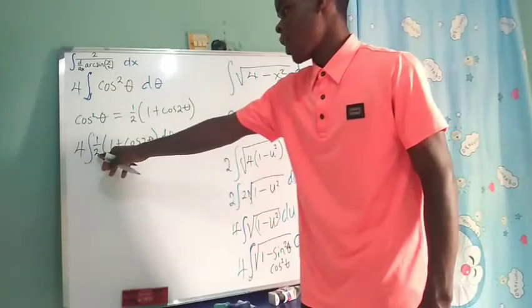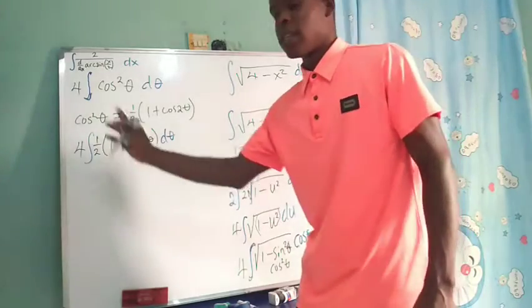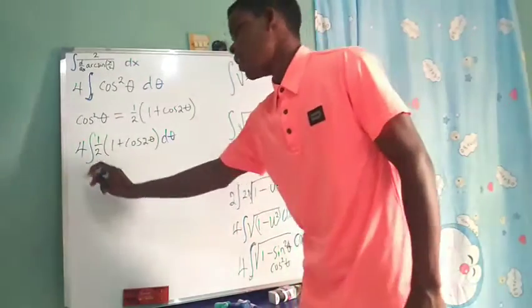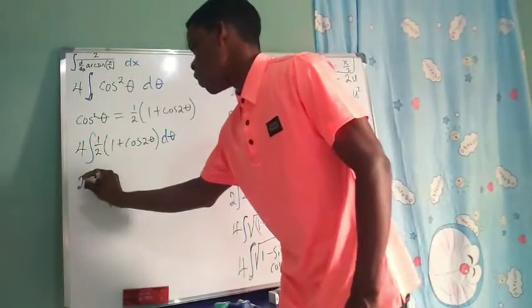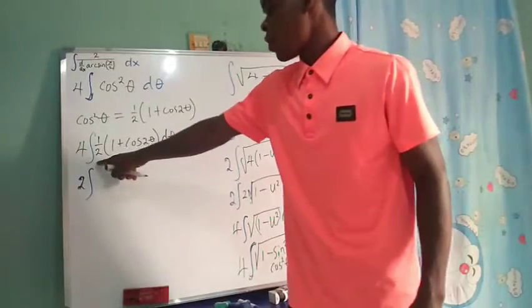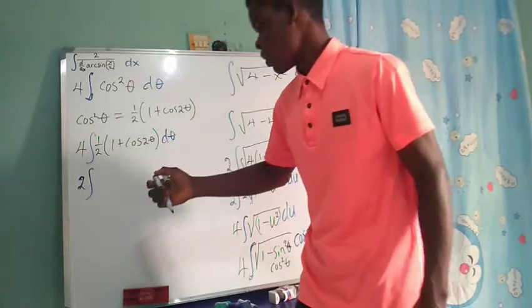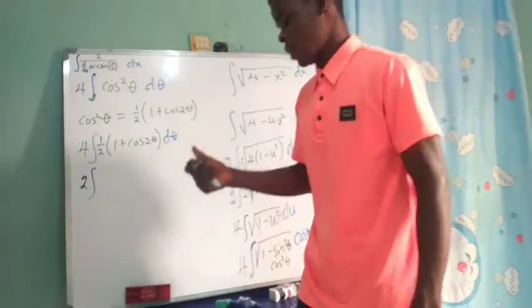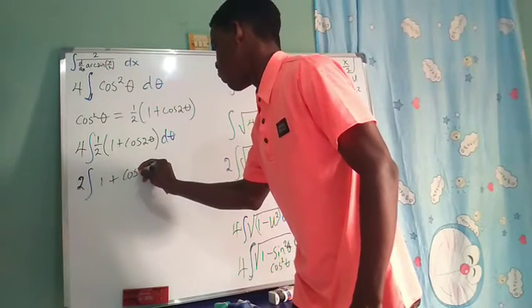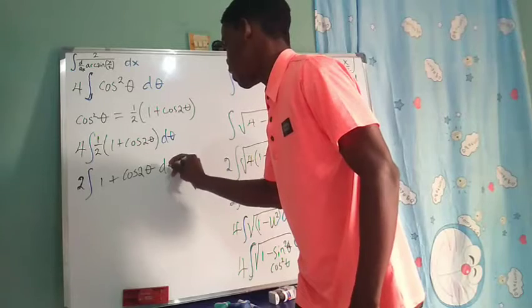Alright? Now since we have a constant multiple, we can take it to the front of the integral sign and we'll have 4 divided by 2, that's just 2, in the front times the integral of 1 plus cosine of 2 theta d theta. Well, let's just do it step by step.